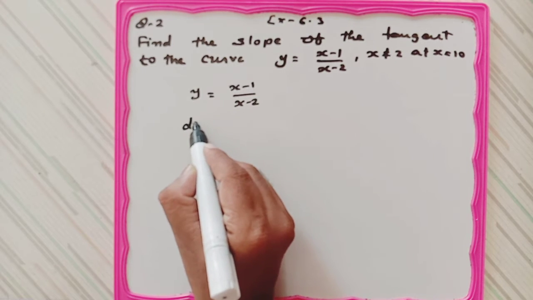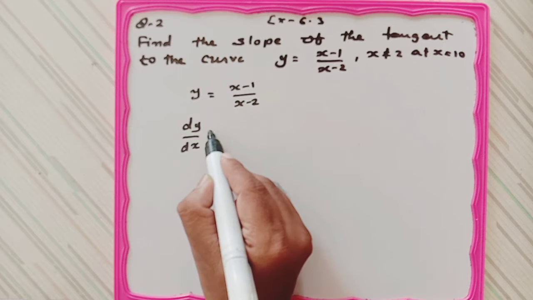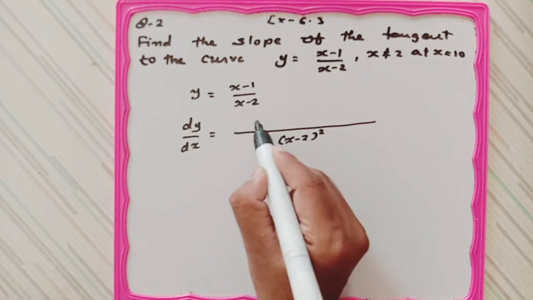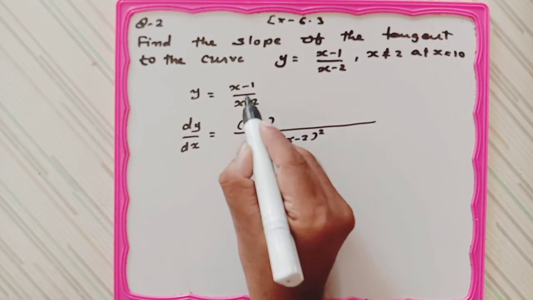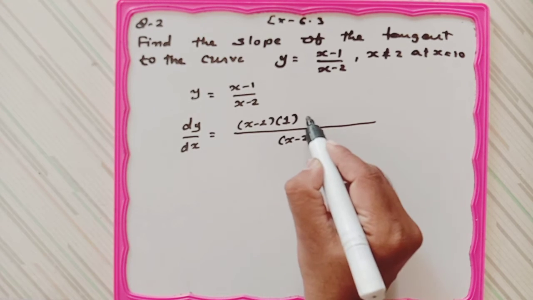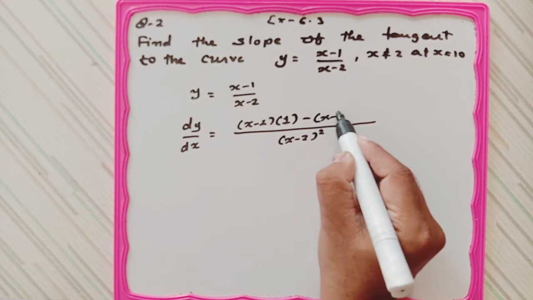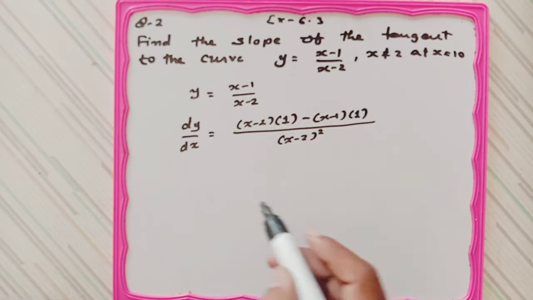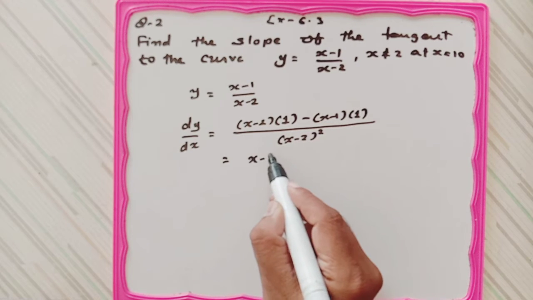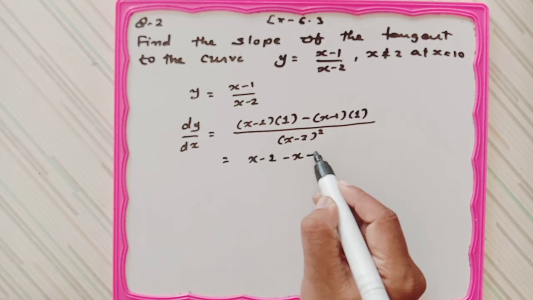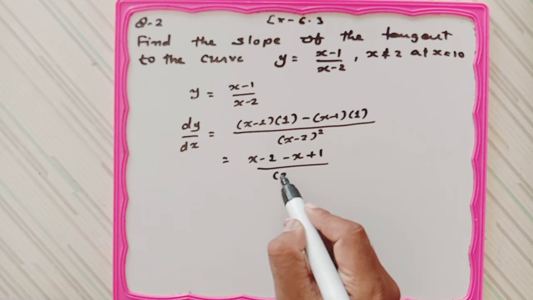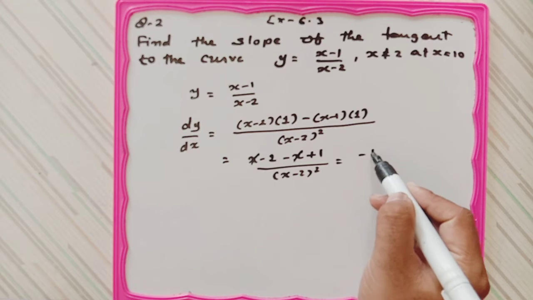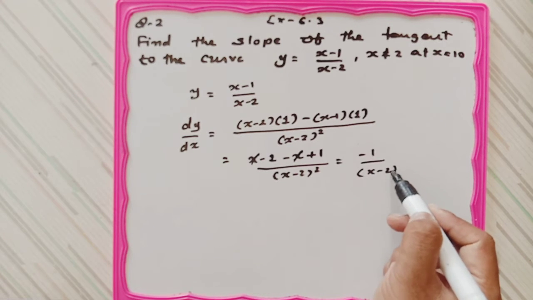We differentiate with respect to x, and dy by dx equals (x minus 2) into the differentiation of x minus 1, which is 1, minus (x minus 1) into the differentiation of x minus 2, which is 1, upon (x minus 2) whole square. So x cancels, and it is minus 1 upon (x minus 2) whole square.